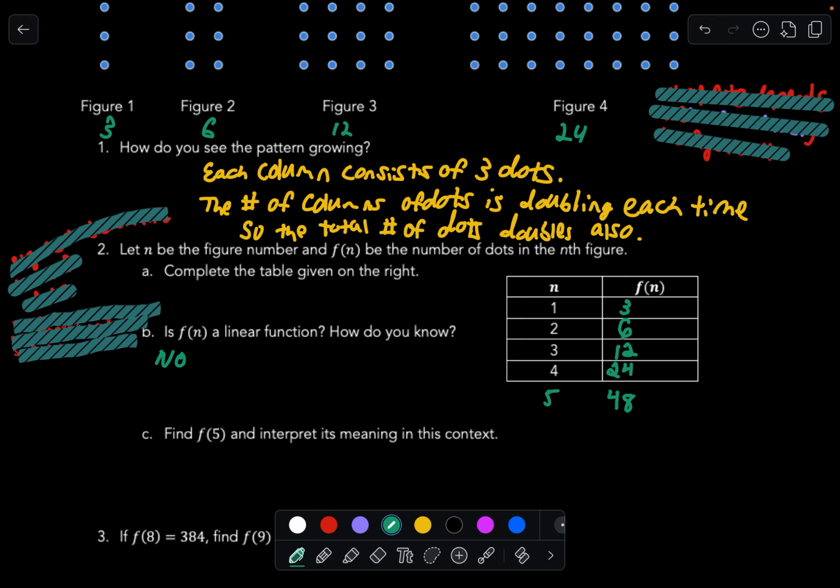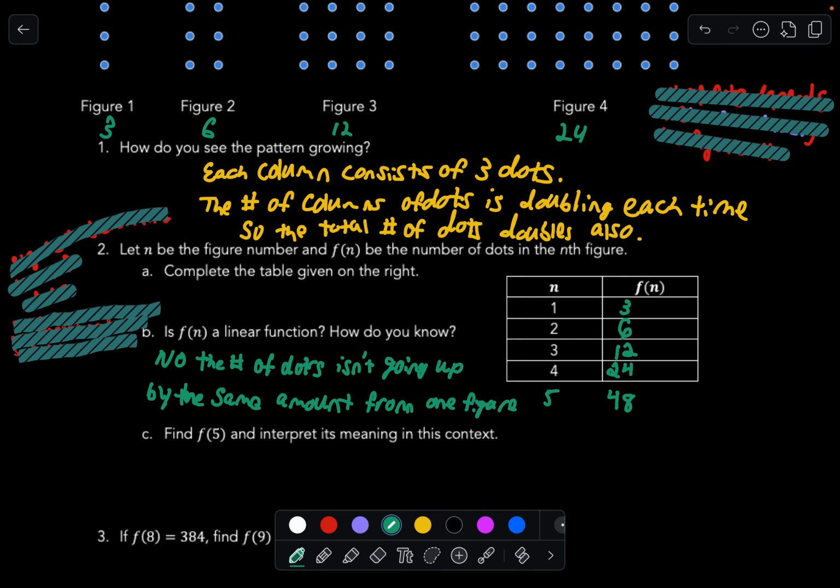The number of dots isn't going up by the same amount each time, from one value of n, from one figure to the next.